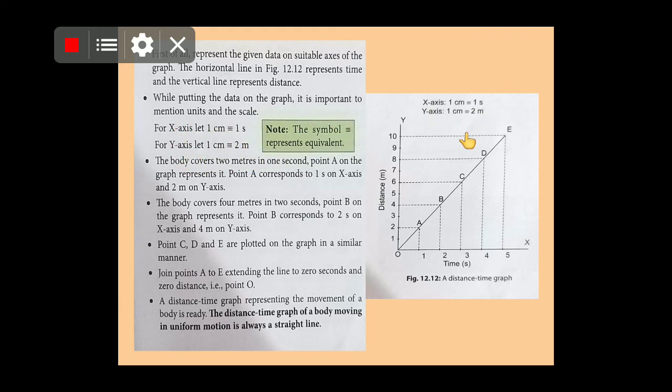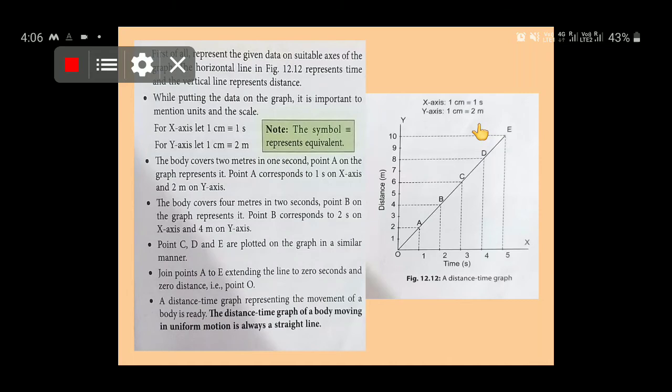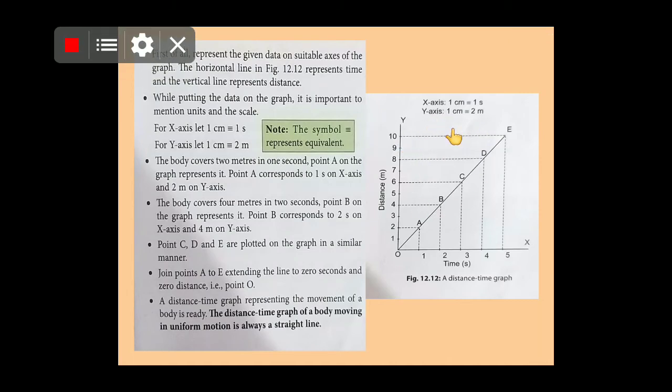See, as it is given over here, on the x-axis, 1 centimeter is 1 second, right? And on the y-axis, 1 centimeter is equal to 2 meters. So similarly, it is very important to mark the scales.